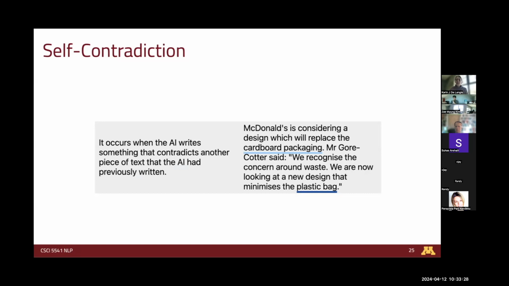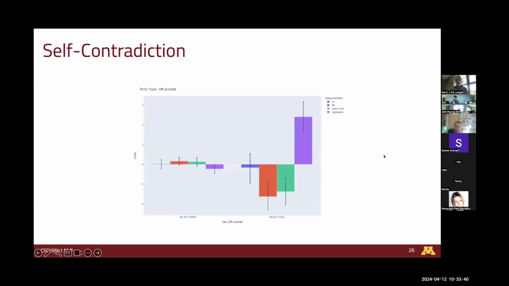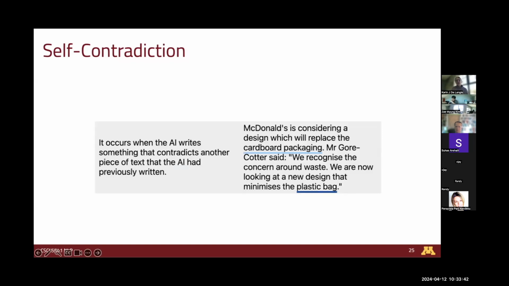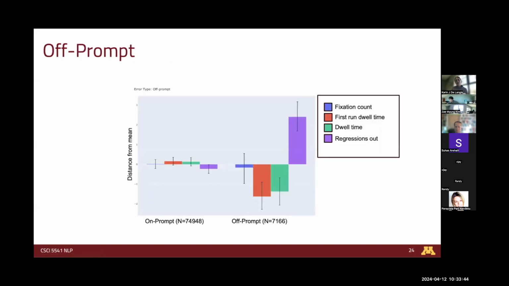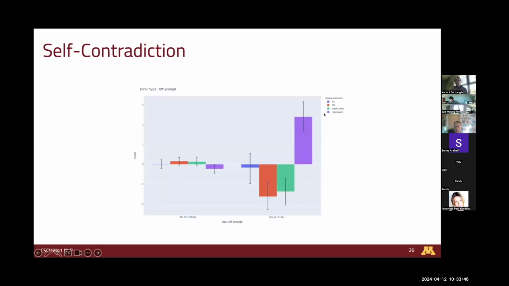And then McDonald's is saying that they're looking at a new design that minimizes the plastic bag. So first it's implied that McDonald's has cardboard packaging, and then it's implied that they have a plastic bag, which is a direct contradiction. Again, in this case, we see a really similar pattern to what we saw for off-prompt, where we have a lot more regressions out when we're hitting these contradictory parts of the text.